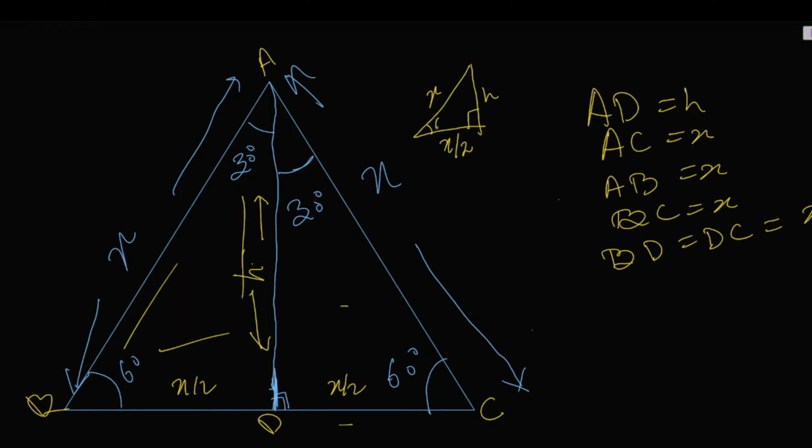And then we have 60 degrees here, and this is 30 degrees here, correct? So we know from Pythagoras theorem that x square would be equal to h square plus x by 2 whole square, right? X square would be equal to perpendicular plus base square. So x square would be equal to h square plus x square by 4.